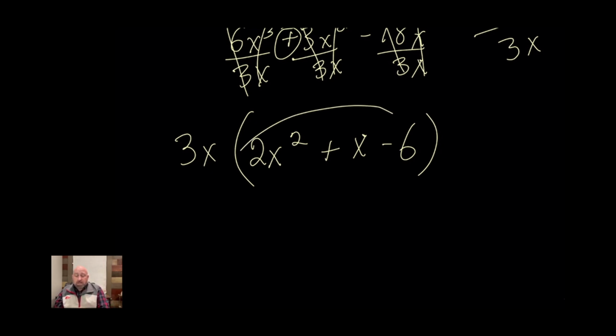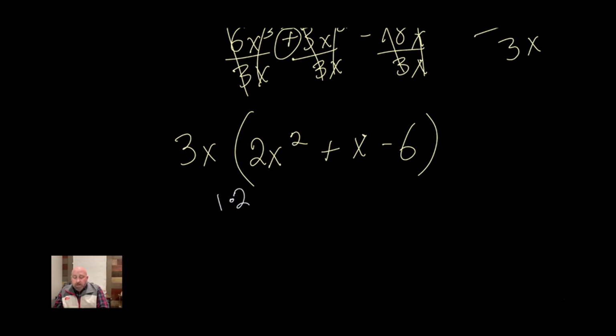Well, we can look at this and we can say, is there anything else I can do here? Are there any other factors contained inside of this trinomial? Well, I don't see that it's perfect squares because 2 is not a square. 6 is not a square, so it's not a perfect square. So we're going to need to try some different things here. So let's try what are some factors of 2. The factors of 2 would be 1 times 2.